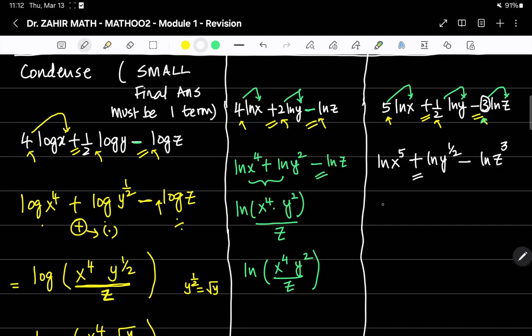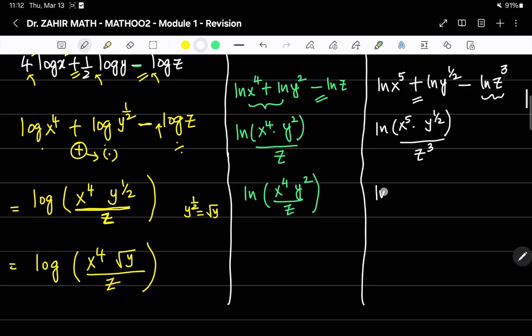So these two are multiplied, x power 5 and y power 1 by 2, and z power 3 goes down. Y power half is the square root of y. So this equals ln of x power 5 square root of y divided by z power 3. Now look at your answers.